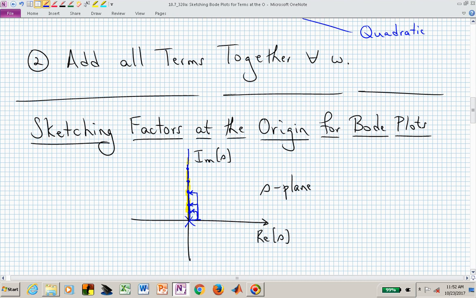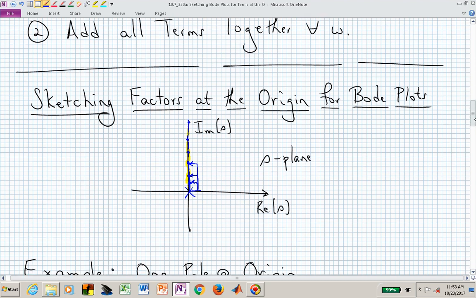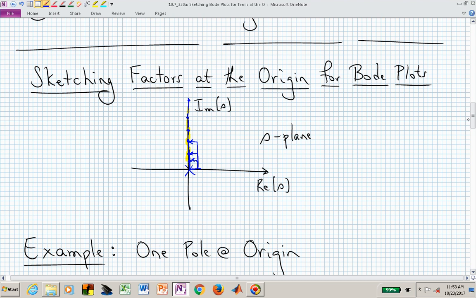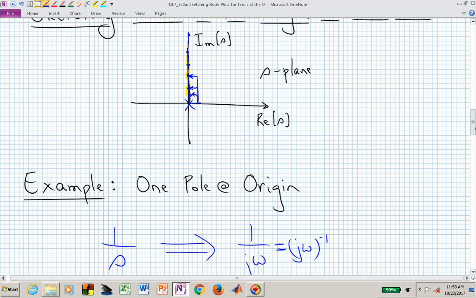So I'm looking at 90 degrees for any frequency, but because it's a pole, it's in the basement, it's downstairs, we'll be subtracting that angle. So this pole at the origin, just one, always contributes minus 90 degrees of phase for all frequencies. It doesn't matter where I am, I'm always contributing 90 degrees of phase, and because it's a pole, it will be downstairs, or minus 90 degrees.